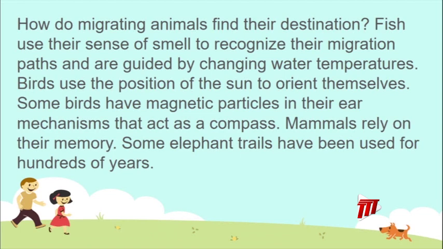Birds use the position of the sun to orient themselves. Some birds have magnetic particles in their ear mechanisms that act as a compass. Mammals rely on their memory. Some elephant trails have been used for hundreds of years.